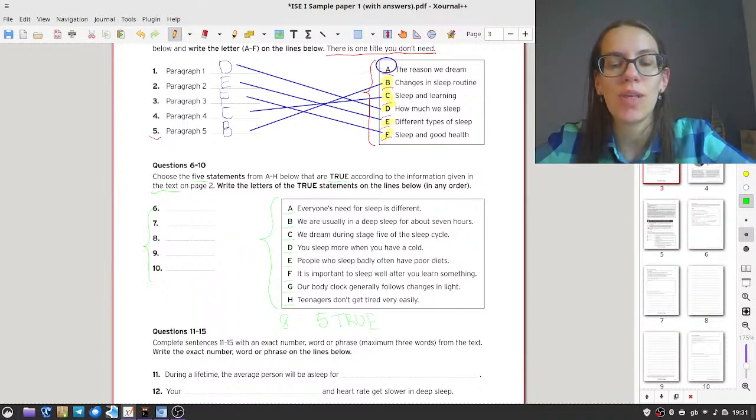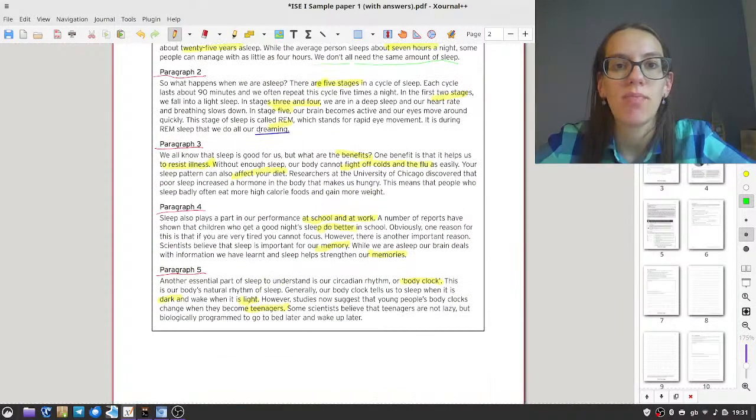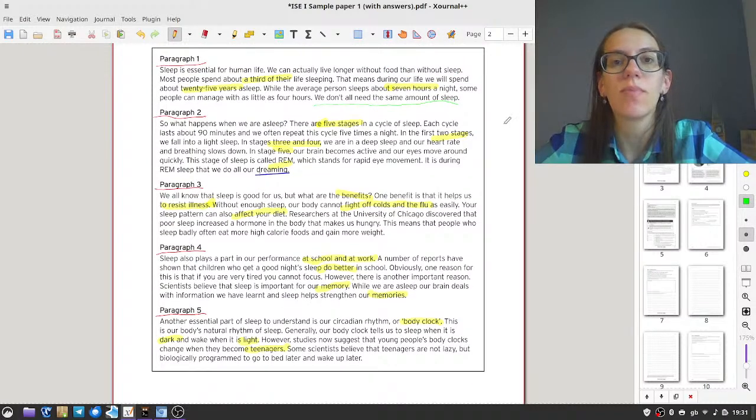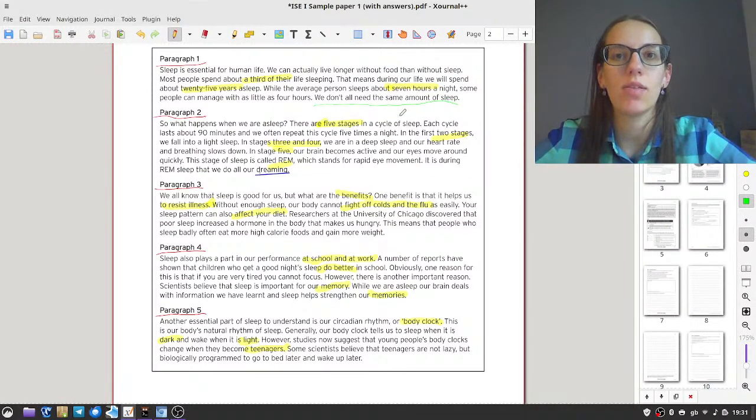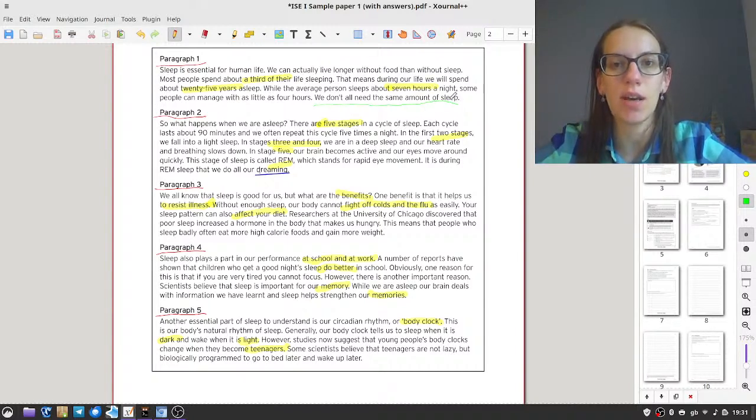It's always in different words, but the idea needs to be the same. So if everyone's need for sleep is different, it means we don't all need to sleep the same amount of time. This is the same idea, just said in different words.